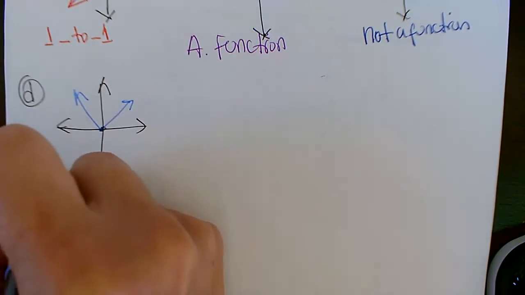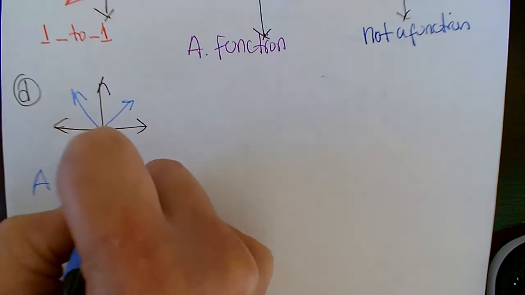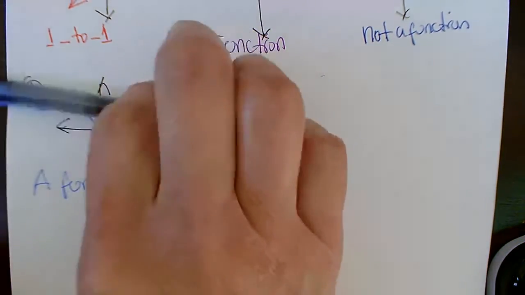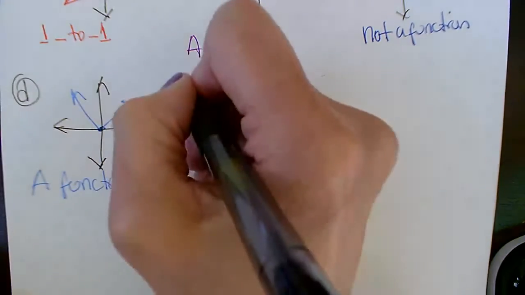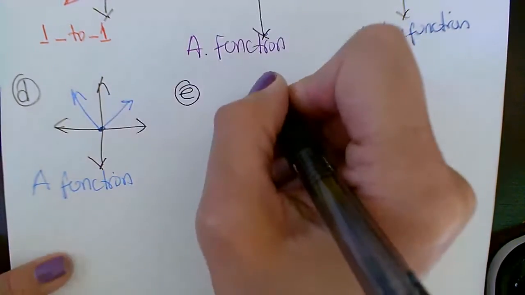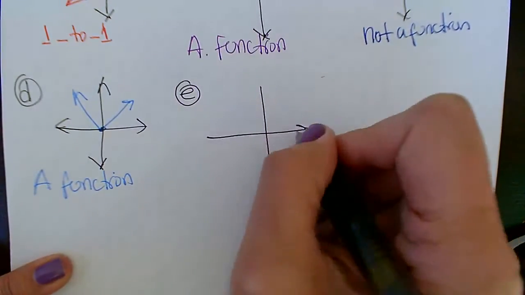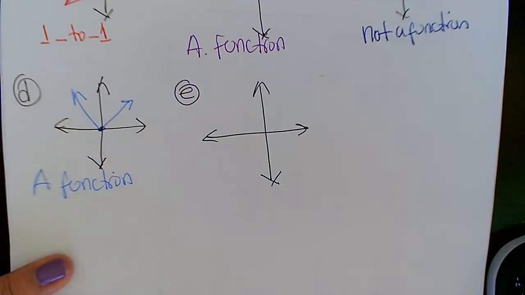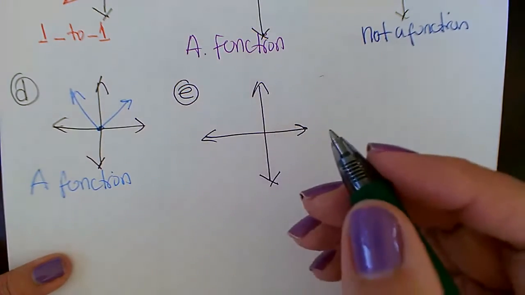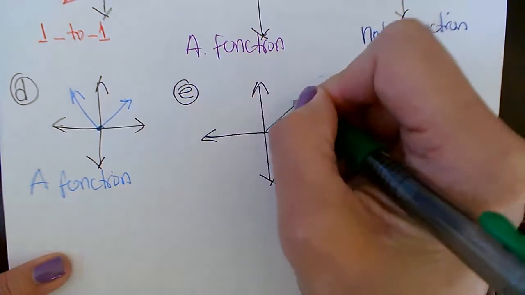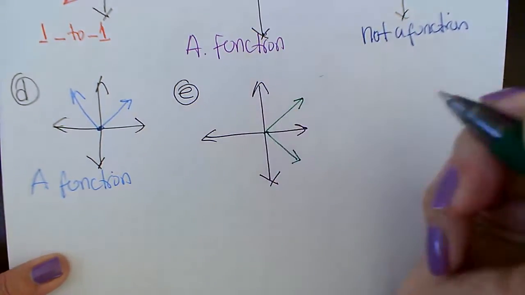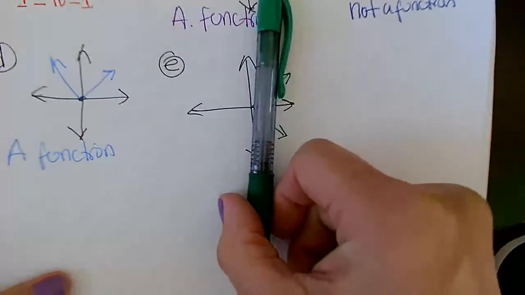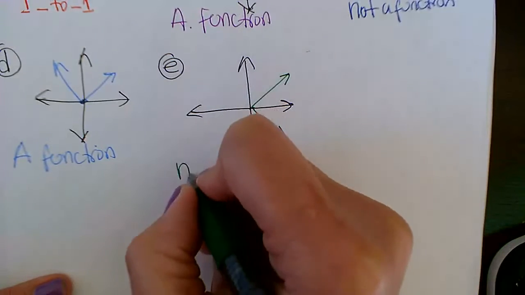So it is a function, but not a 1-to-1. We cannot do the horizontal. Okay? And this one doesn't pass the vertical line, so it's not a function.